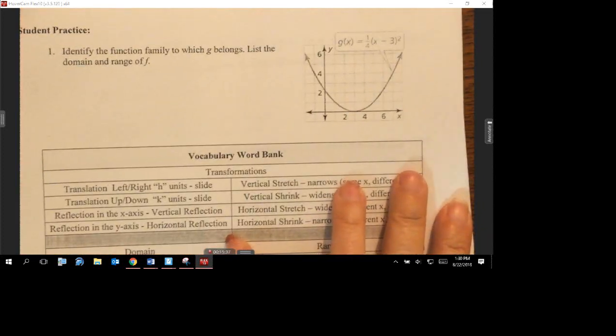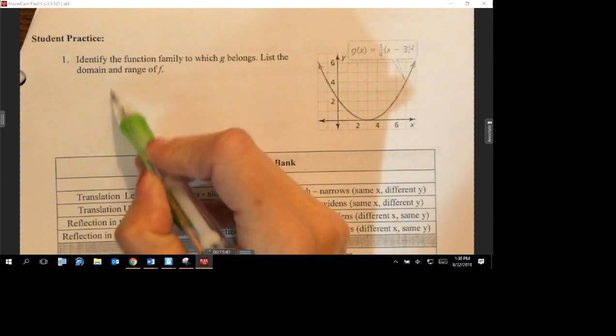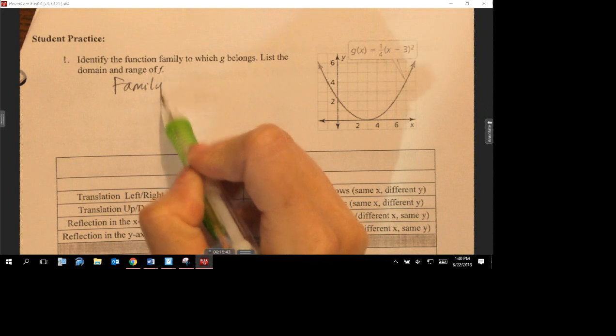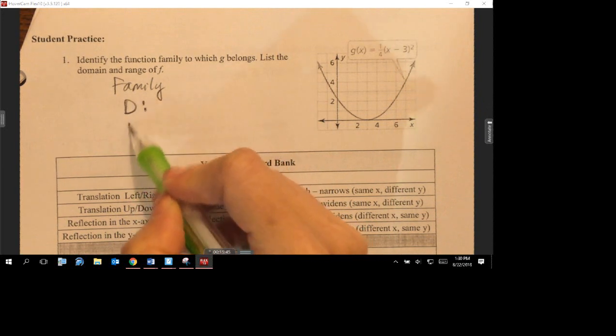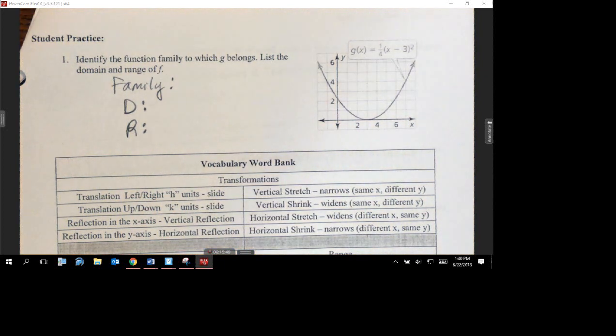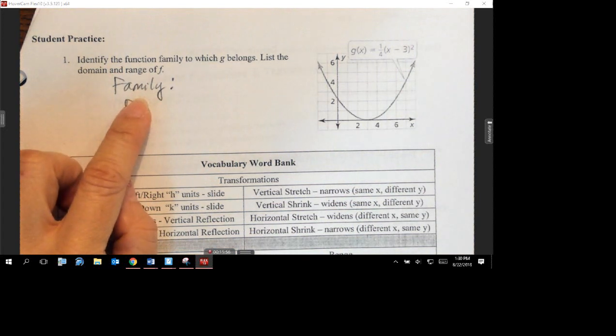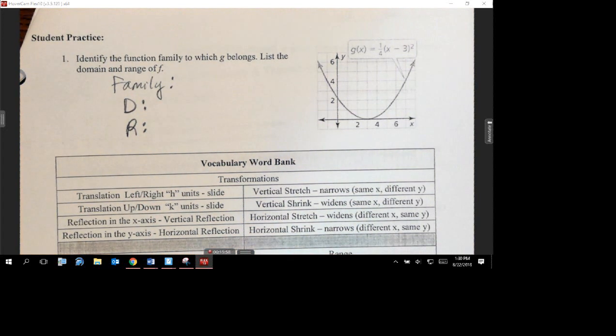Okay, here is another one. Family, domain, range. Isley, can you tell me what family from the front page this is?